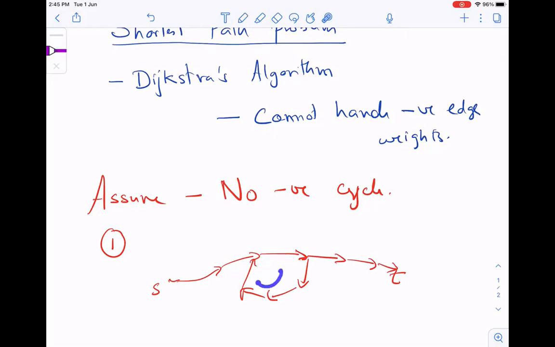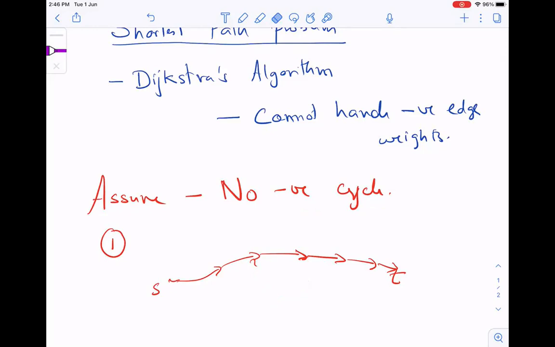This cycle has positive weight, so you have spent one extra cycle round from here to here. Your cost has only been added to, because we are assuming there are no negative cycles. So we can assume that no such cycles exist, and the shortest path from S to T must be a simple path.